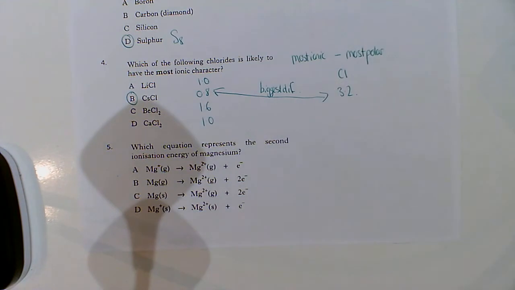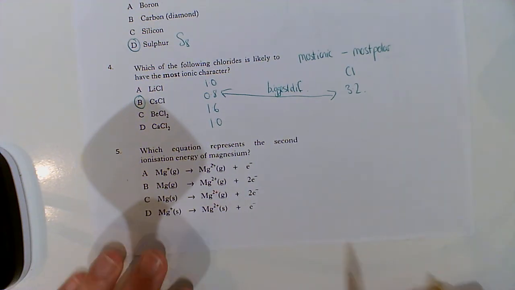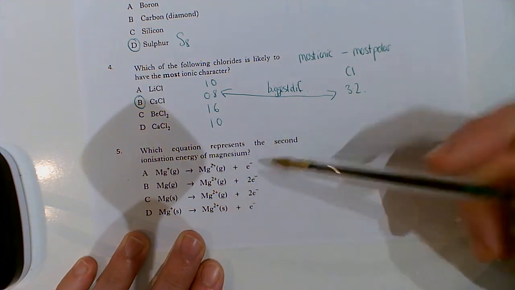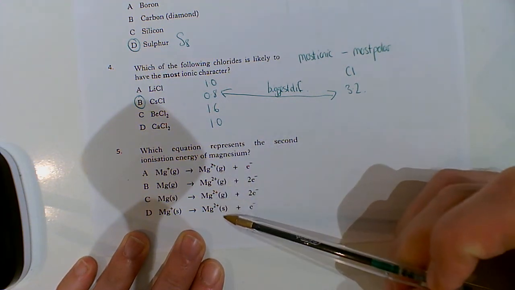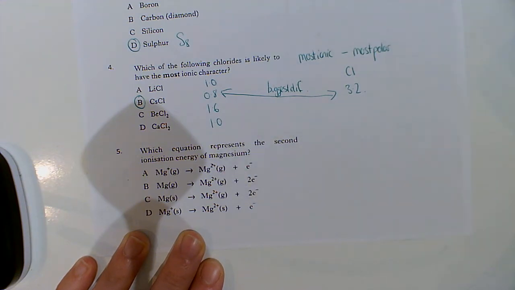Now our next question, which is the second ionization energy? Now remember, the most important thing with ionization energy is, 1, everything has to be a gas. Then also, it's only 1 electron being removed each time. And if it's the second ionization energy, we're ending up with 2 plus. So the two that have 1 electron both end at 2 plus, but only A is gaseous.